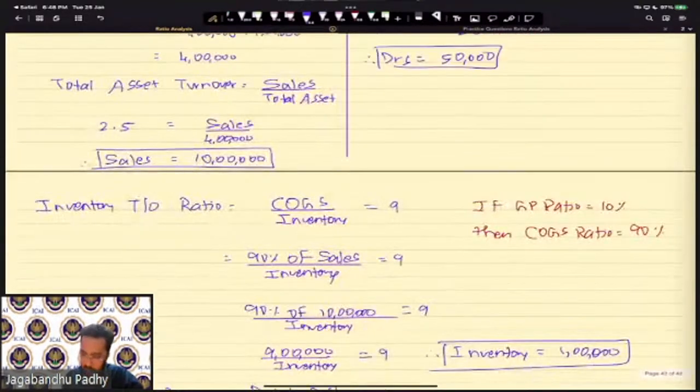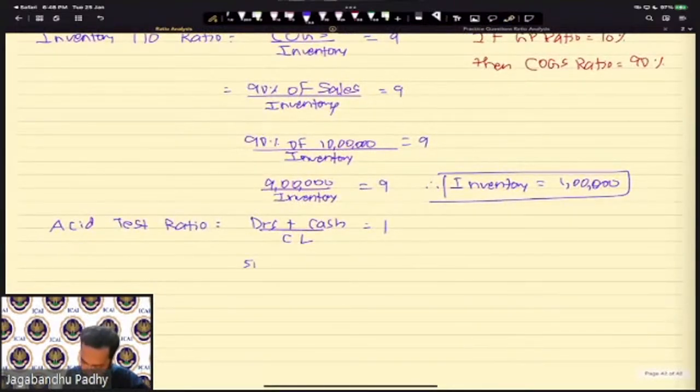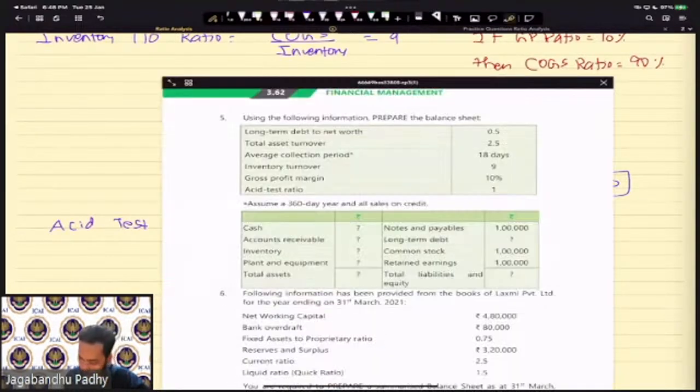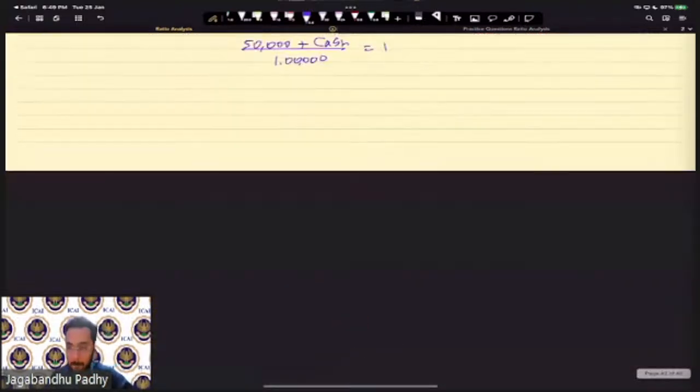Debtors plus cash upon current liability is given to us to be 1. So debtors, we know it is 50,000. So debtors is 50,000 plus, what is the amount of current liability? Current liability is notes and payables, 1 lakh. So divide this by 1 lakh, plus you add cash to it so that you get 1.